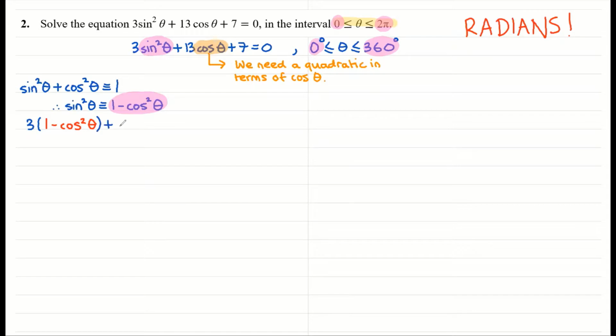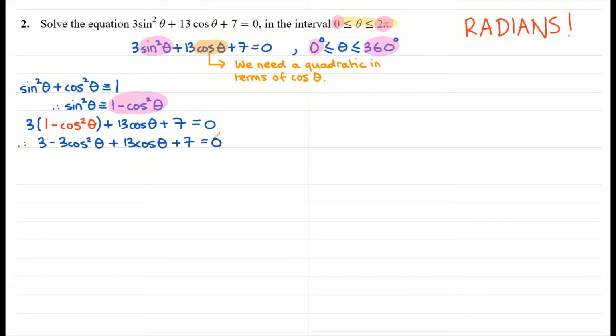So we're going to add 13 cos theta plus 7 is equal to 0. Now we need to expand, simplify, collect like terms. So therefore, 3 subtract 3 cos squared theta, add 13 cos theta, add 7 is equal to 0.